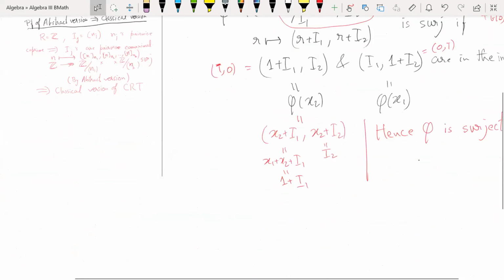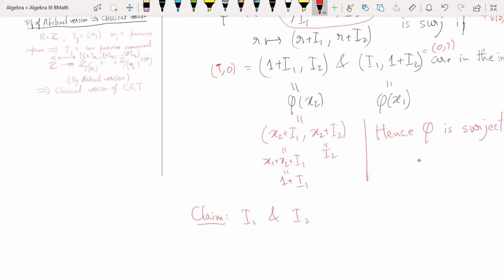So the claim is that I1 and I2... Now we'll do k greater than or equal to 3. The claim is that I1 and the product I2 to Ik are co-maximal.